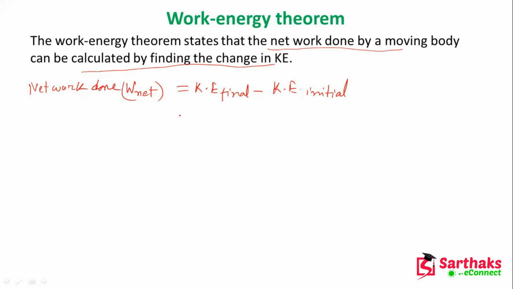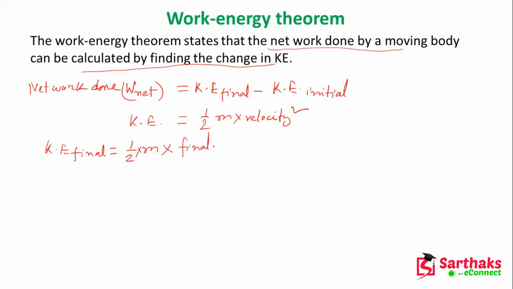Here we know that kinetic energy is half m v square. So I can write K final as half into m into final velocity square.